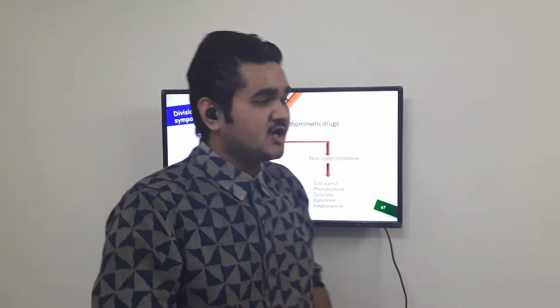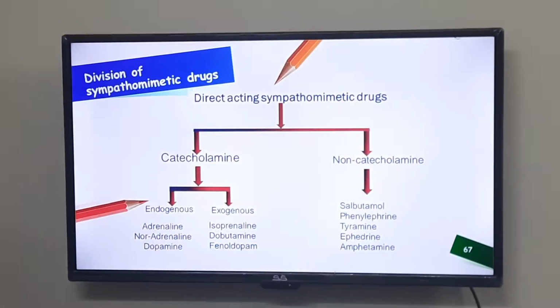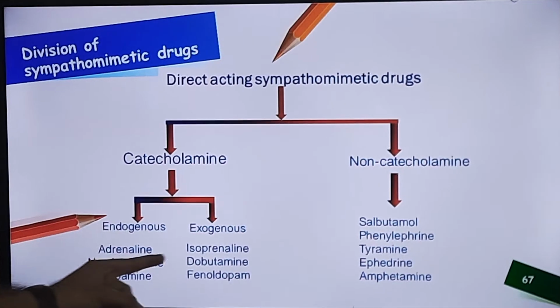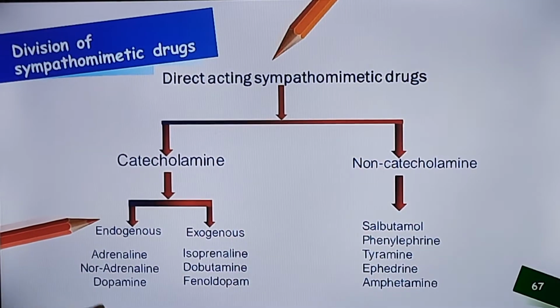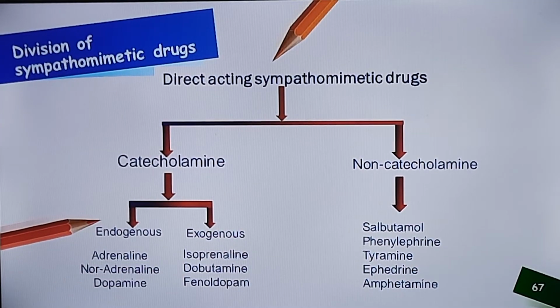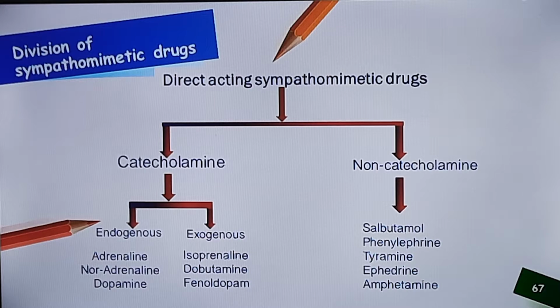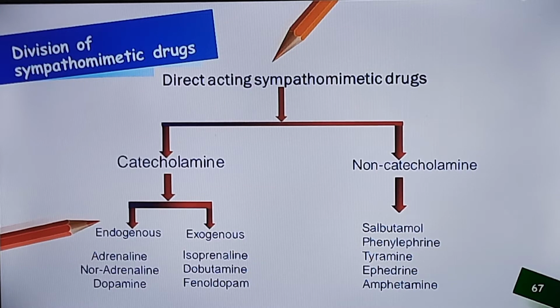Few examples of synthetic drugs or we can say exogenous catecholamines are isoprenaline, dobutamine and we have fenoldopam.